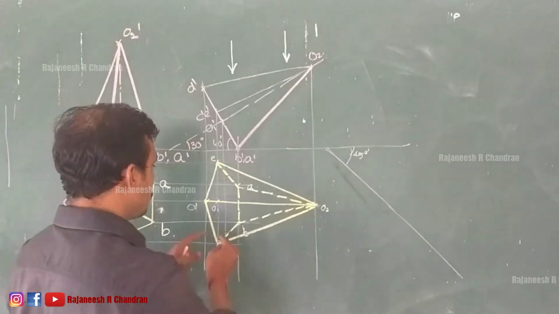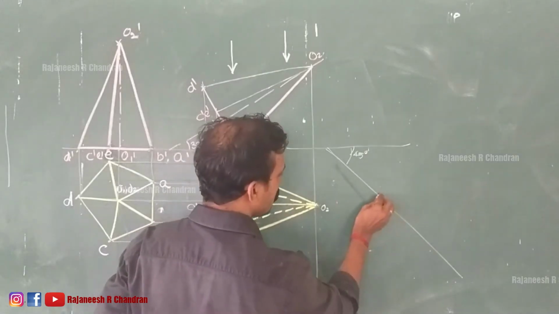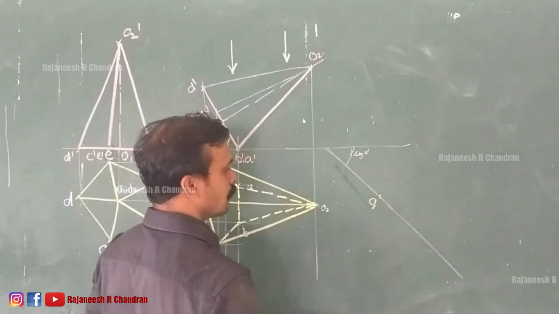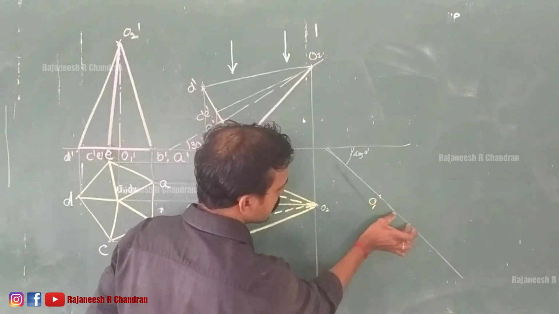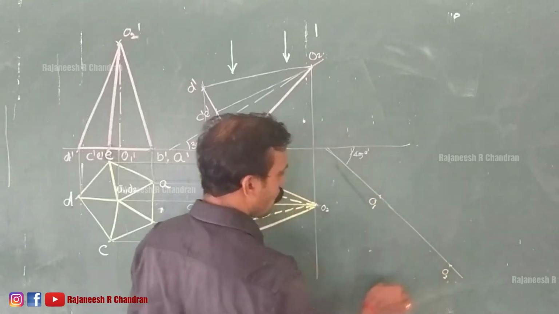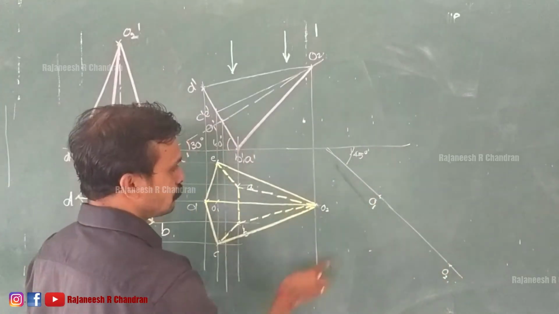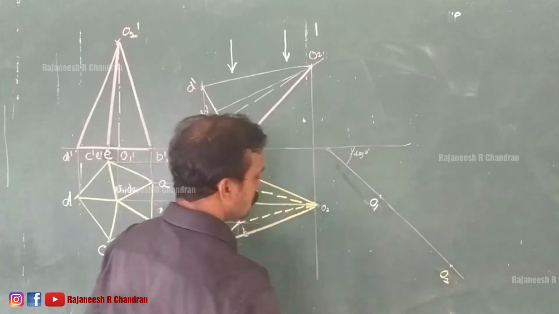The easier method is, see, select any point on that line and mark it as O1, take this much distance and that point can be marked as O2. So our O1 and O2 have been marked.